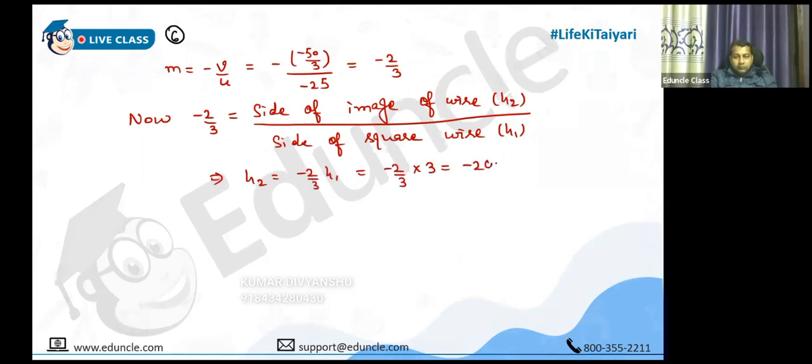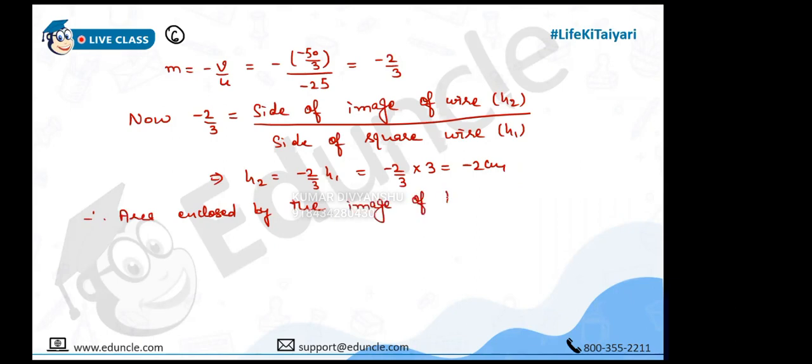It means the side of the image is 2 now, and that will also be a square. So the area enclosed by the image of the wire will be side square. That is 4 now. Yes, sir.